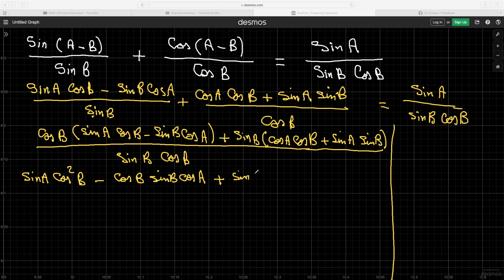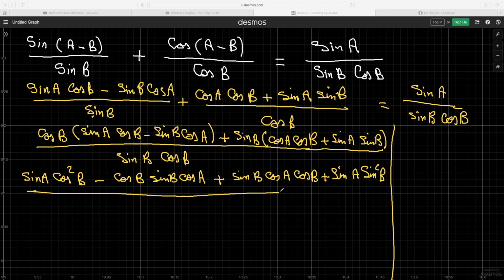Sorry, I get sine B cos A cos B. And when I multiply this into here, it's going to give me plus sine squared A, because sine A, sorry, that's going to be sine A, and then sine B times sine B is sine squared B. That's what I meant. And all of that all over sine B cos B.